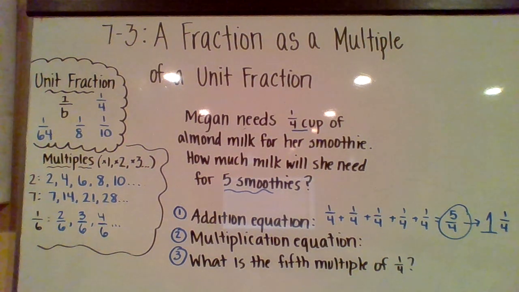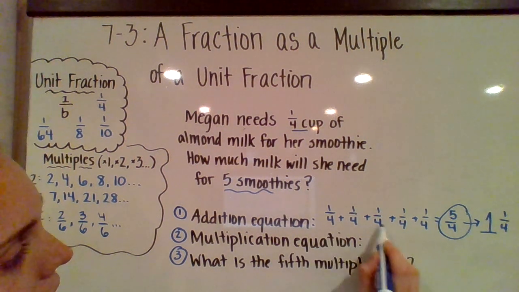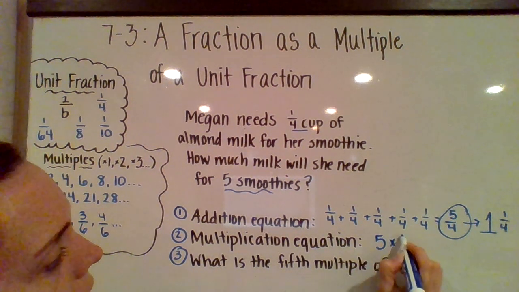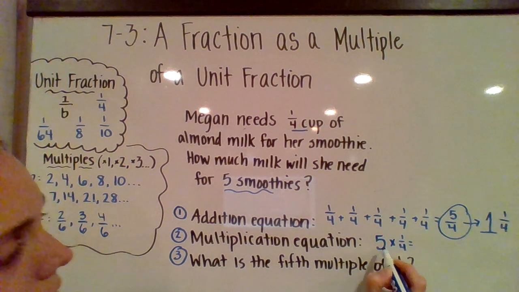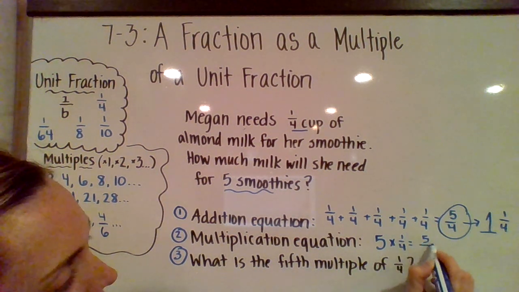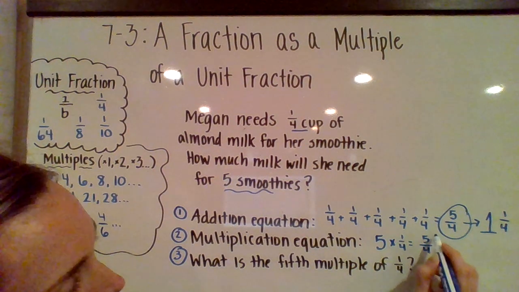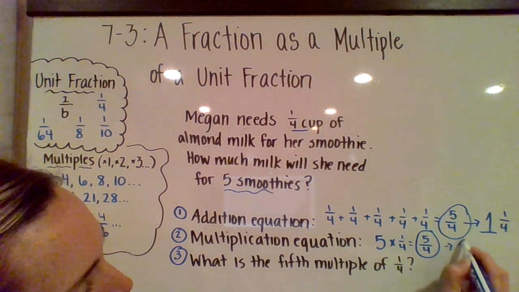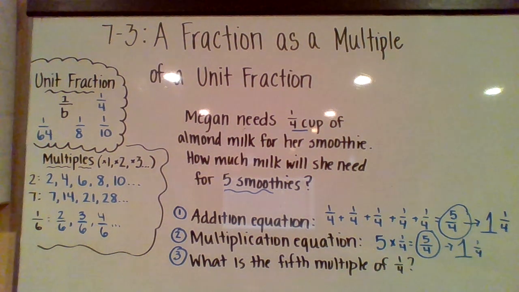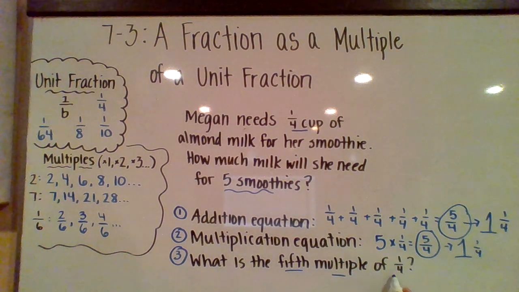I can also do, how many times did I add 1/4? 5 times. I can also do 5 times 1/4, and I know when I do this, I do my whole number by just the numerator, 5, and I'm still working with fourths. Same as 1 and 1/4. See how I get the same answer? Now, the last question is, what is the 5th multiple of 1/4?